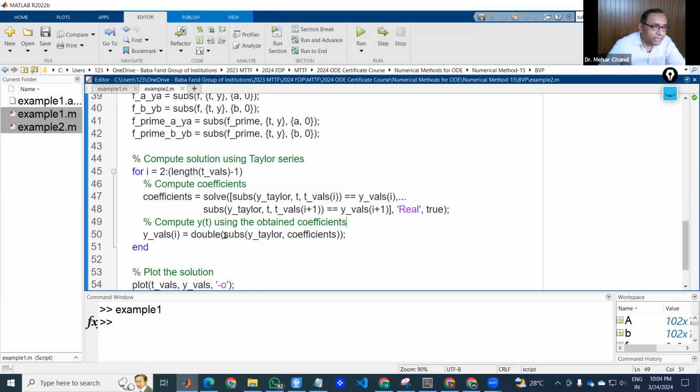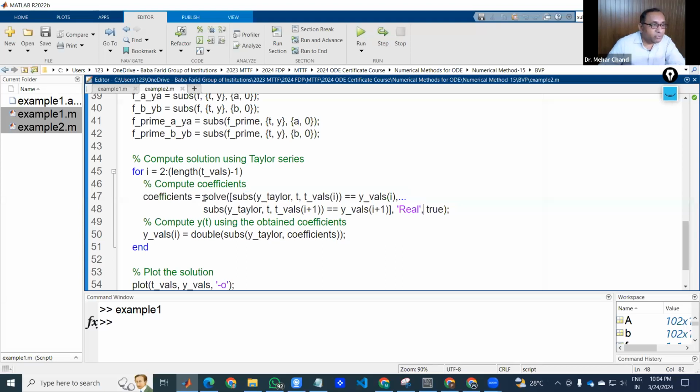Okay, and then after, compute y(t) using the obtained coefficients. So here we are computing the y value using subs, the y Taylor series and the coefficients which are computed at this place. So in the Taylor series, we will substitute the coefficients which are computed at this place.